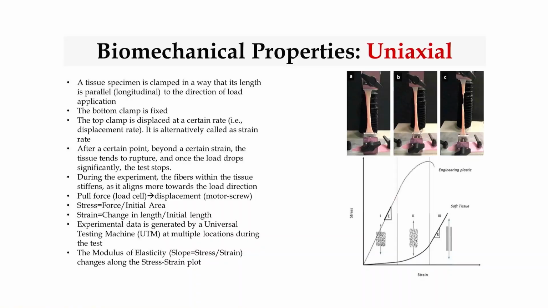In the soft tissue, you can see in the plot on the bottom right three phases. I was talking about the first phase, where the fibers are intertwined and going in different directions, and not really aligned towards the loading axis, right? As you go with more stress, meaning you're loading the specimen more and more, the fibers get more aligned towards the loading axis.